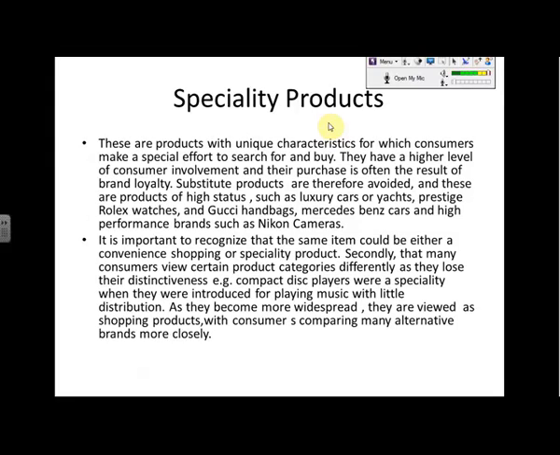Substitute products are therefore avoided, and these are products of high status, such as luxury cars, yachts, prestige Rolex watches, and Gucci handbags, Mercedes-Benz. These are items that everyone would put on their need list, as it were.